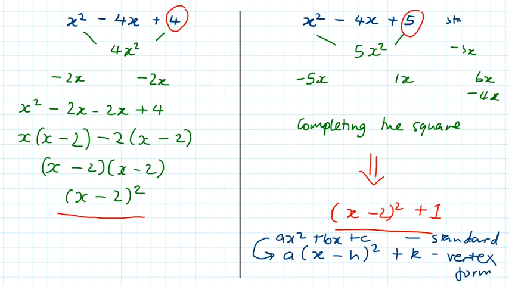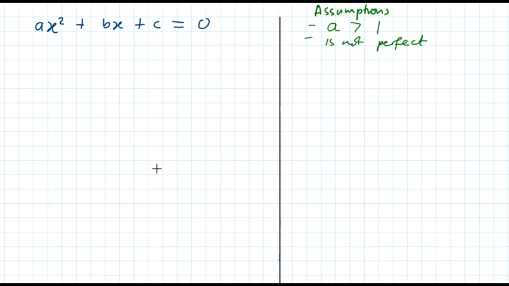Okay, so let's get started. To explain the method of completing the square, or how I arrived at the final solution in the previous second equation, I will use this general quadratic equation to explain the process.